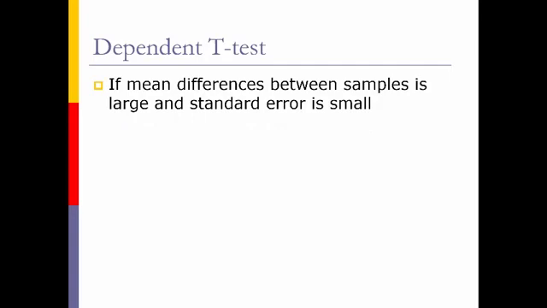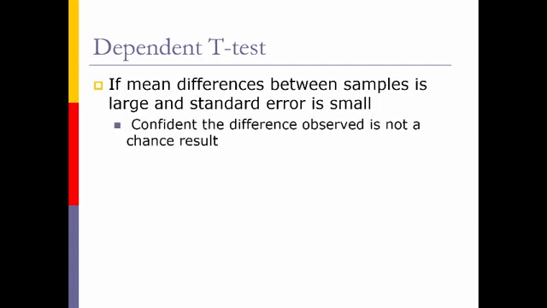All right, if the mean difference between the samples is really large and the standard error is really small, we are absolutely confident that the difference observed is not by chance and it must be due to the manipulation. So that's what we're really looking for: a small standard error with a large mean difference.